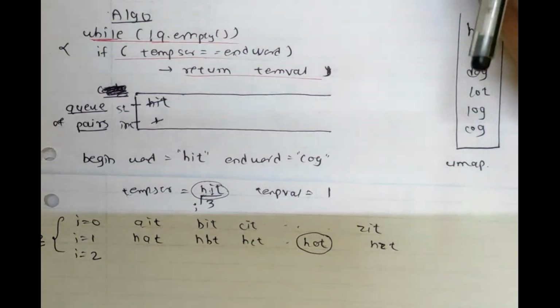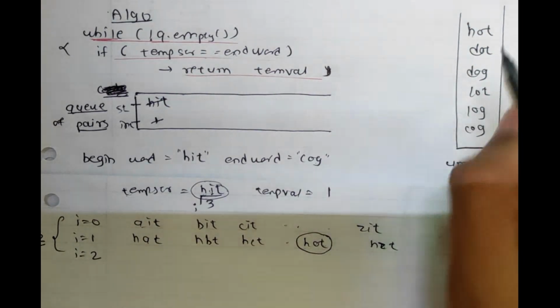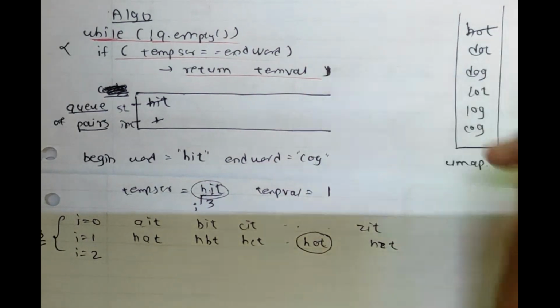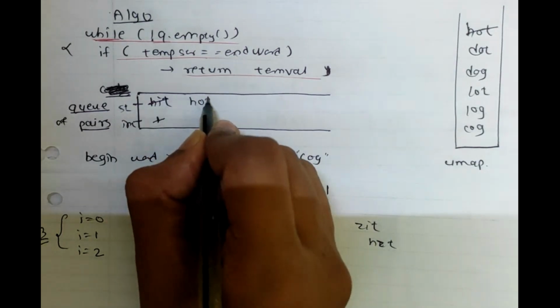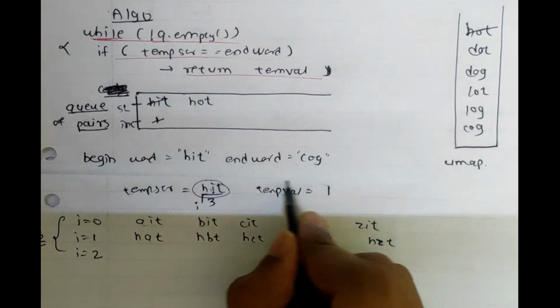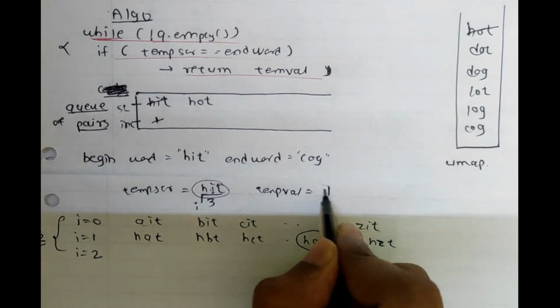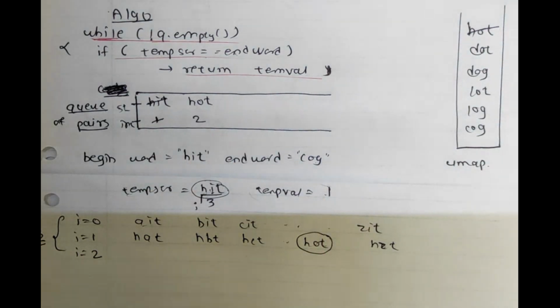As HOT is present, we have to erase HOT from this unordered set and push HOT in the queue with temp val plus 1, means increment of the temp val. Temp val is 1, so incremented it becomes 2. So we have put in this value.